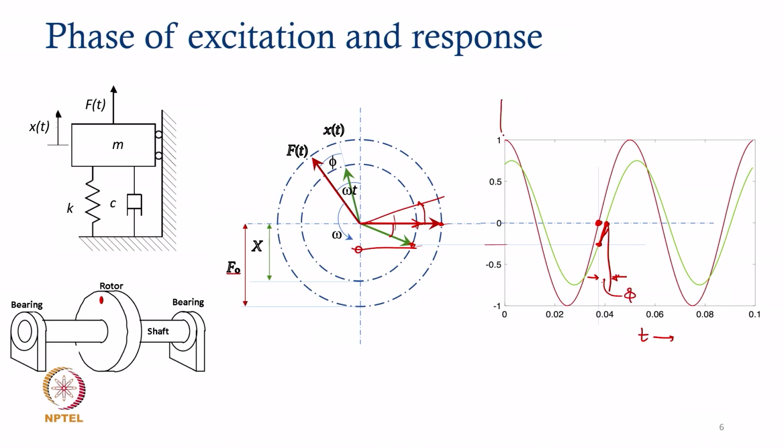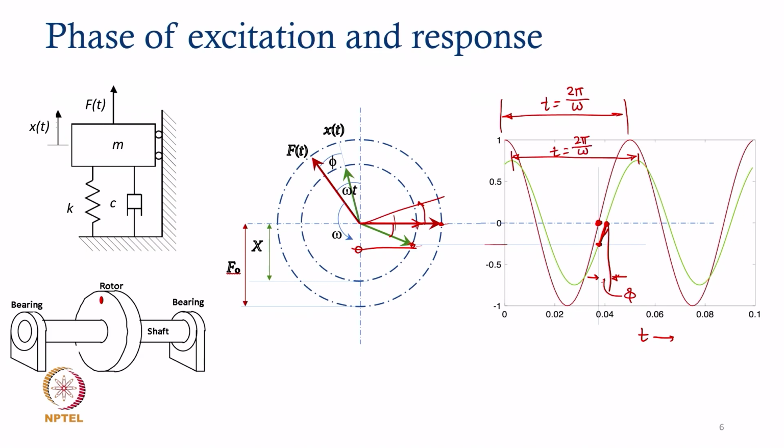What is also important, as we have been discussing, is that the frequencies are identical. So, this distance in time is going to be 2 pi over the frequency omega. And if I find out this peak to peak distance in time and convert it into degrees, that will also be related to the same angle.